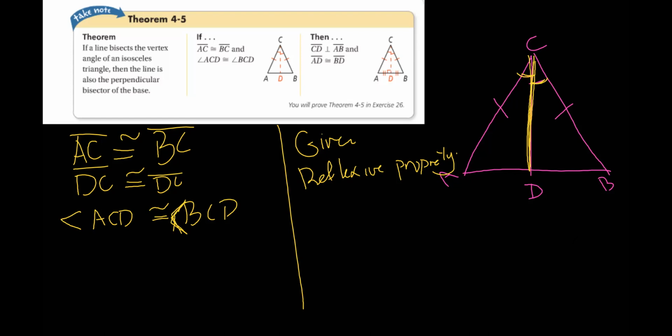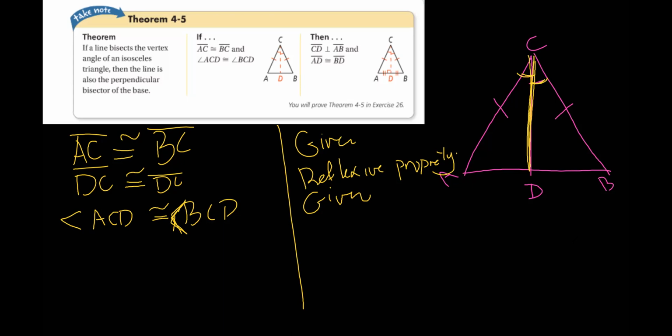If I know now these two angles are congruent, this is given also. Now, what do I need to prove? I need to prove that the line segment CD is perpendicular to AB and AD is congruent with BD.